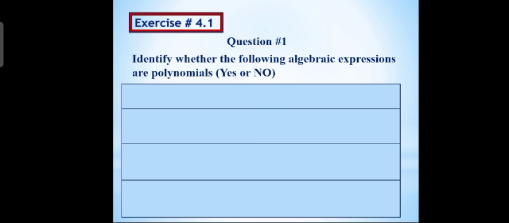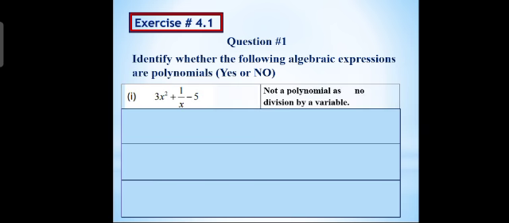We are going to solve exercise 4.1, question number 1: identify whether the following algebraic expressions are polynomials. We are going to write yes or no. The first one, 3x square plus 1 over x minus y.